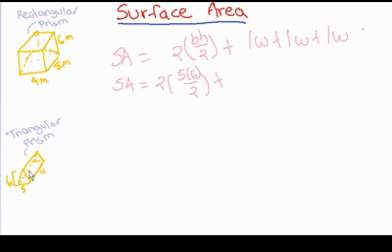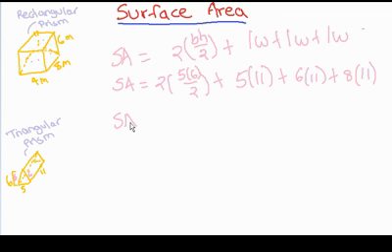Let's say this side is 6 and this side is 8. So this would be a scaling triangle. So there's one side which is 5 times 11 plus another one which is 6 times 11 plus another one which is 8 times 11.